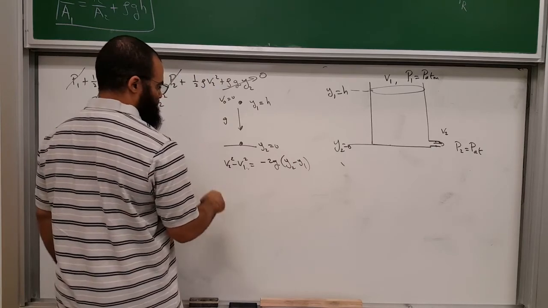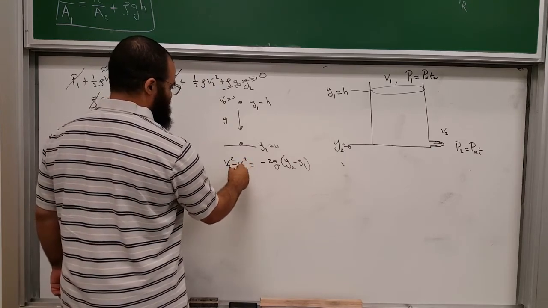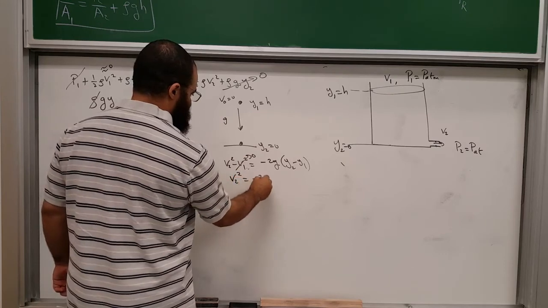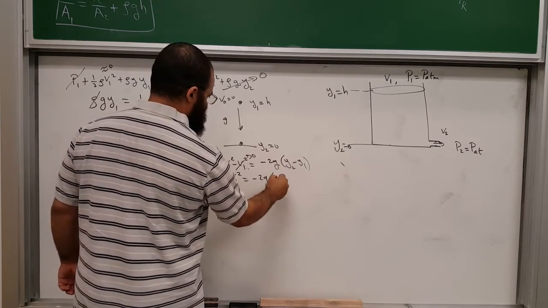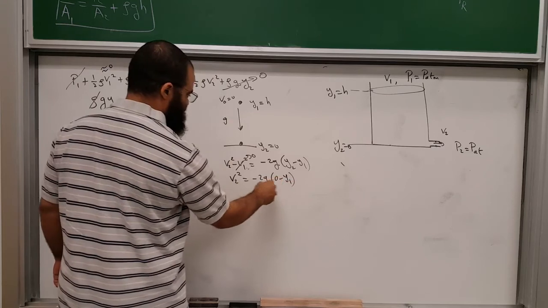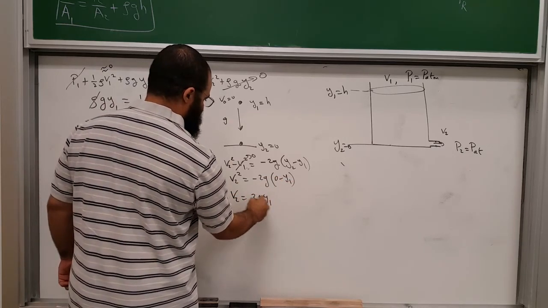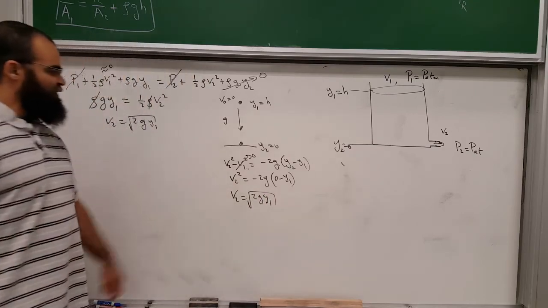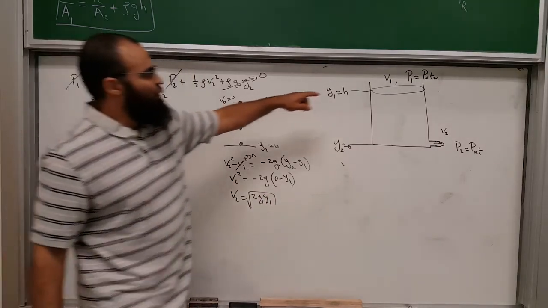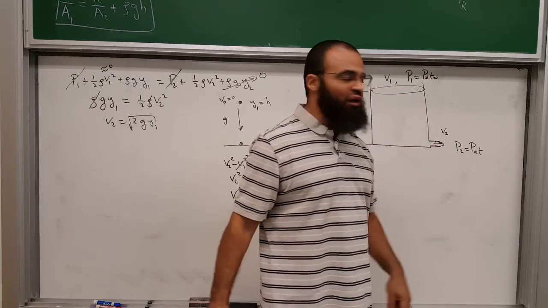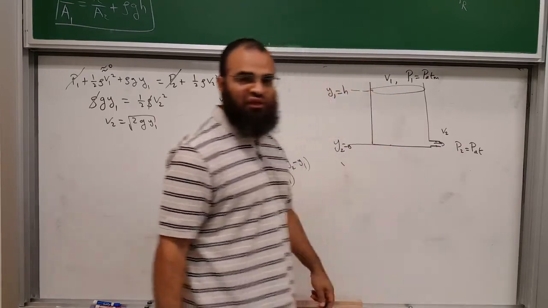If the initial velocity is 0, you get V2 squared equal to minus 2g times 0 minus Y1. Minus times minus is plus, so you get V2 equal to the square root of 2 g y1. So that's the speed. It's as if one drop of water drops from here all the way to the bottom, and that would be the speed of it.